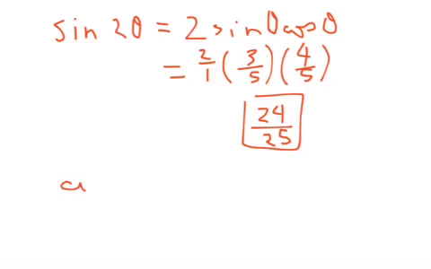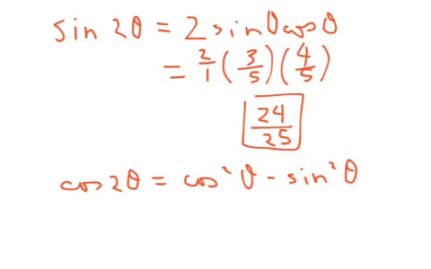Okay, cosine of 2 theta. I'm going to go ahead and use cosine squared minus sine squared. So cosine squared of theta minus sine squared of theta. Okay, so cosine of theta is 4/5, and we're going to square that.